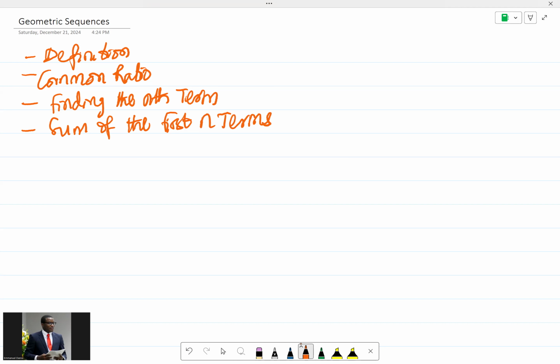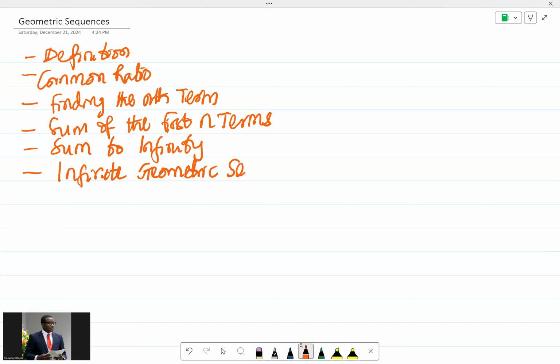Then afterwards, we'll be talking about sum to infinity. Then we can talk about infinite geometric series and convergence. So these are the things we'll be looking at as we go on with this.